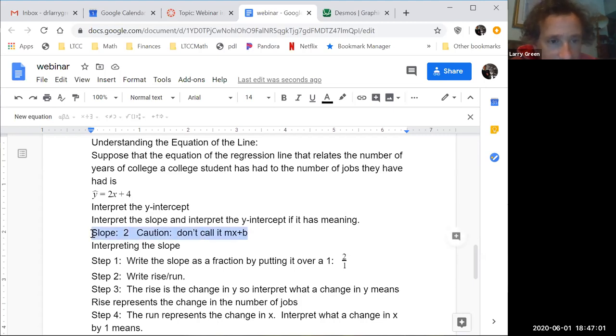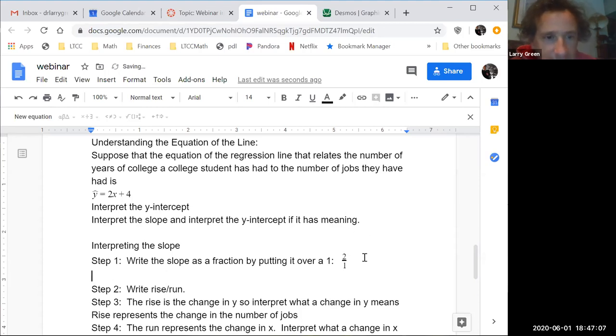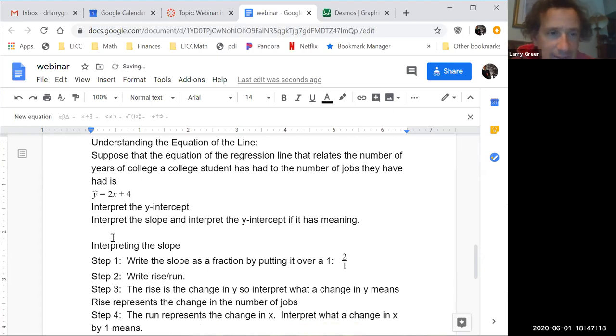I think it automatically did something. Oh, I know what it was. No, that was fine, actually. It was slope 2, not step 2. Sorry about that. So let's interpret the y-intercept if it has meaning.